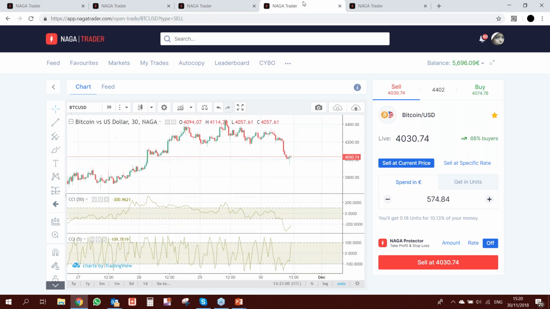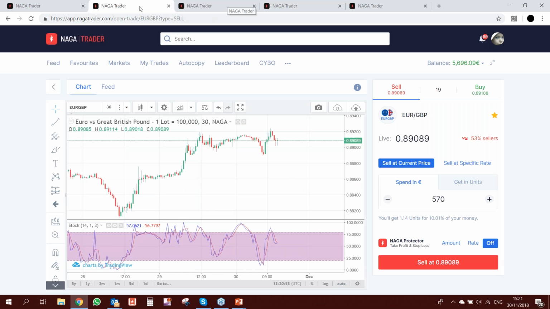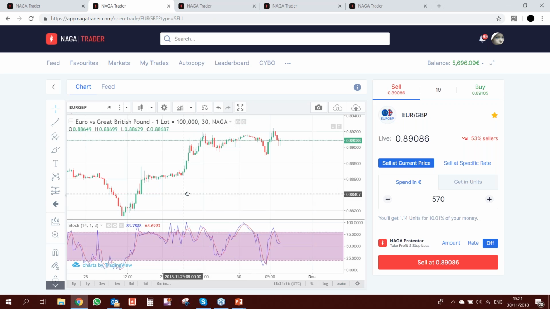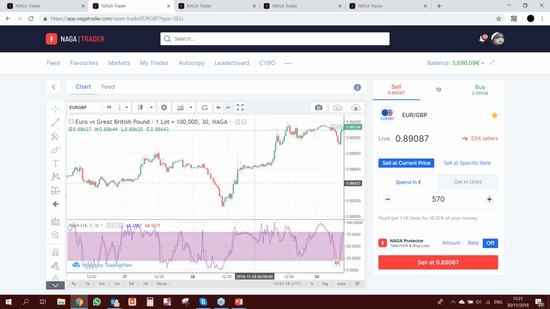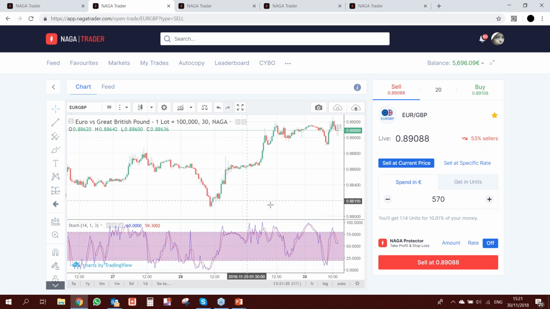Now, the stochastic oscillator, unlike the RSI, tends to be known as a breakout oscillator. We do have quite a few signals similar to the RSI.